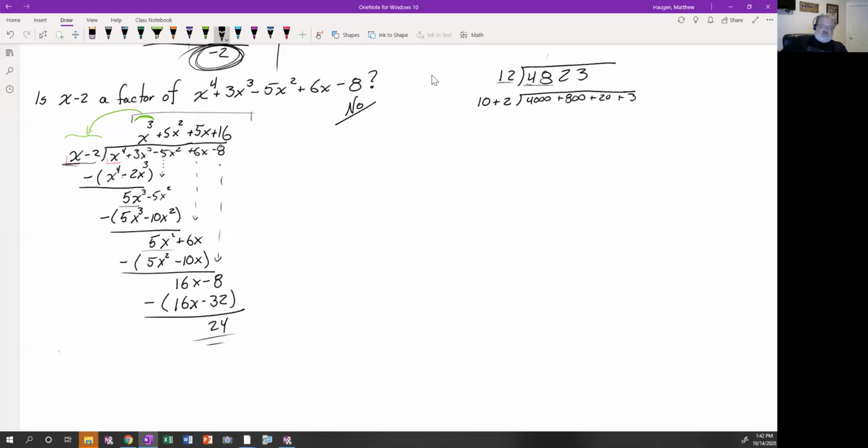We're so used to looking at 4,823 and knowing it's 4,823 by the position of all those numbers. But mathematically speaking, that's actually a fairly new convention. It came out of India a couple thousand years ago. So it's not that old.